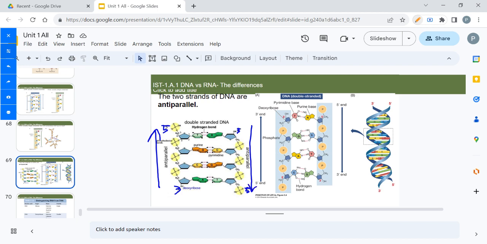It's basically because we want to make sure that each of these hydrogen bonds are actually forming, and they are not designed to fold with each other if you have 2 lines both going 5 to 3. This just does not work. So instead, one side goes 5 to 3, and this side goes 3 to 5. And that's what we mean by anti-parallel. That's it.